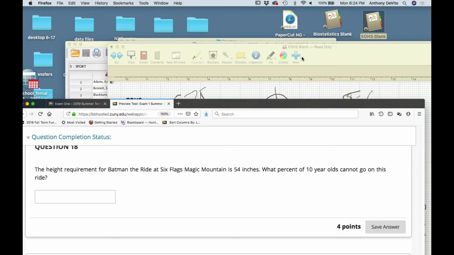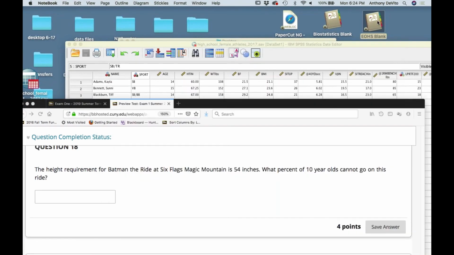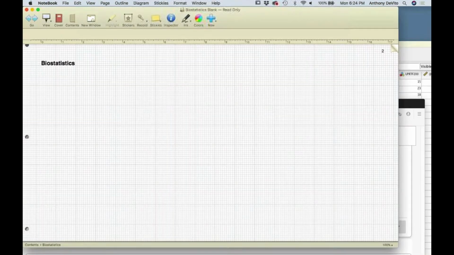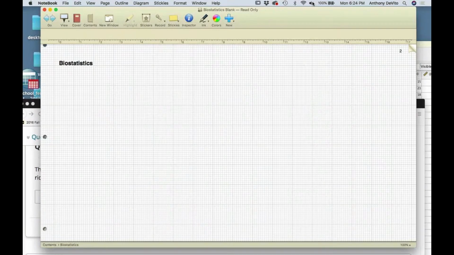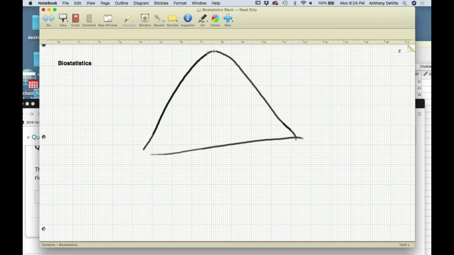Aha, very interesting. So this is a little bit different. Let's take a look at this one. Same distribution. Our mean was 55, and our standard deviation was equal to 6.